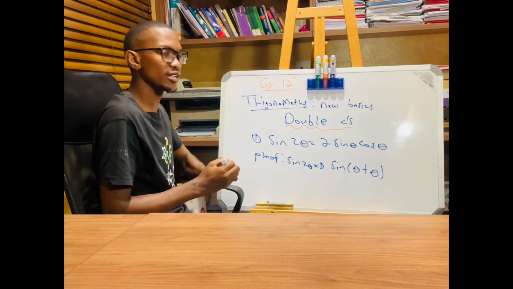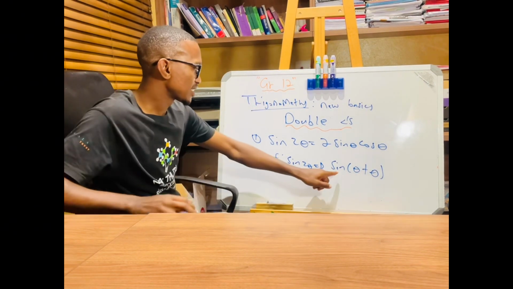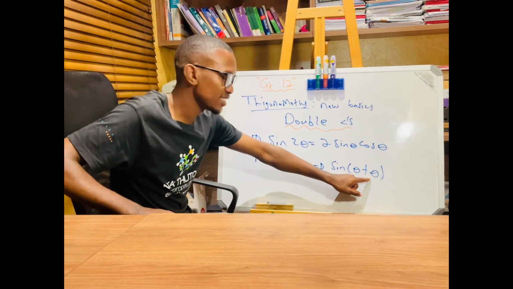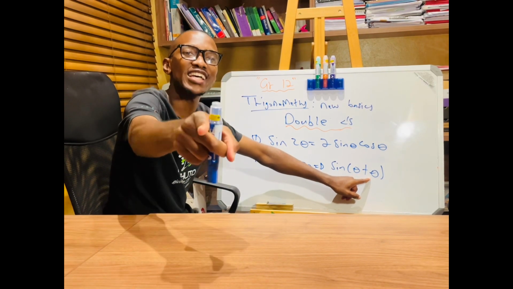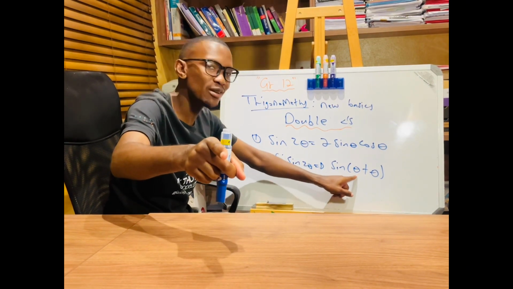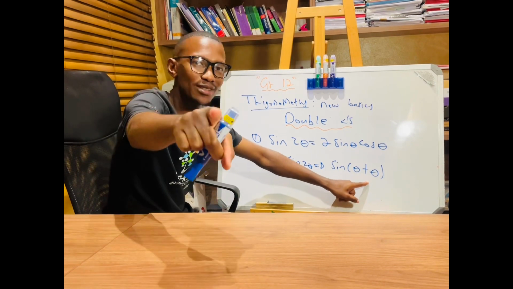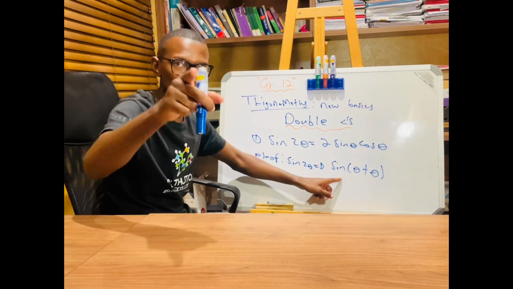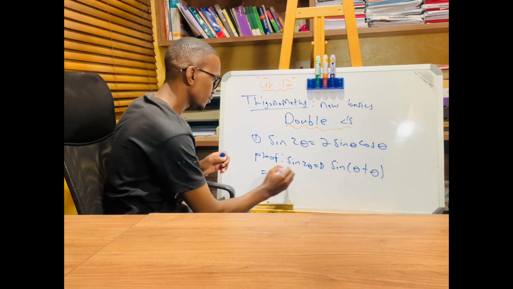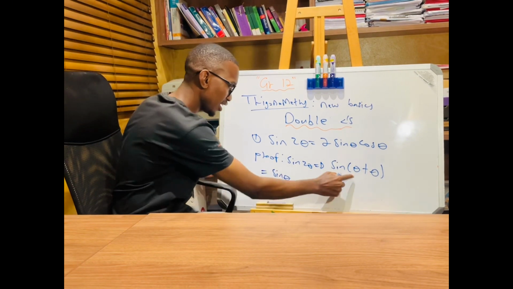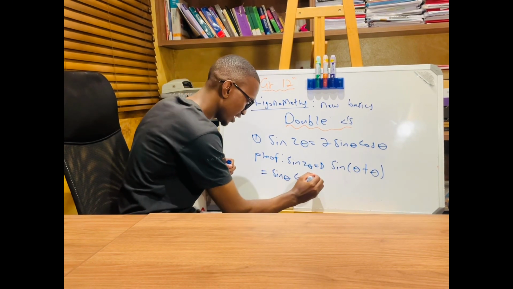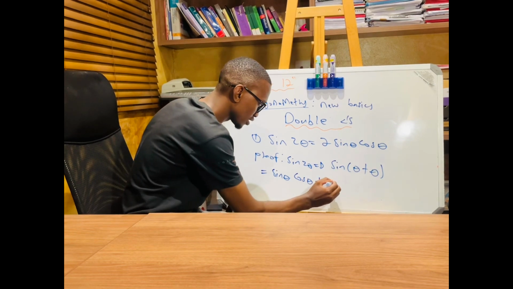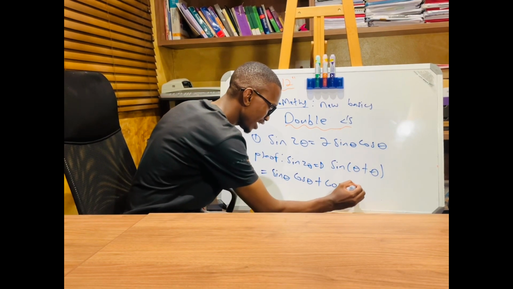Who can tell me what I'm gonna do right there? Sine of theta plus theta. So I'm gonna apply the compound angle of sine. You remember that we had sine of A plus B. I'm gonna apply that compound angle. Yeah, sine. Check it out. This is the same as sine theta cos theta, then now plus cos theta sine theta.